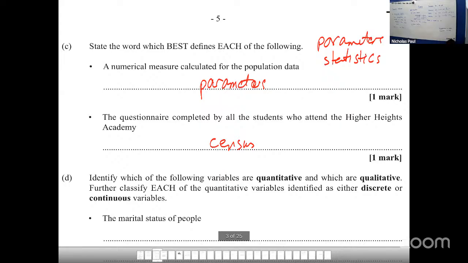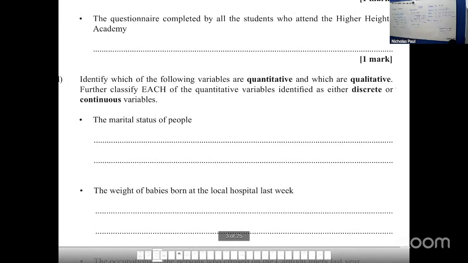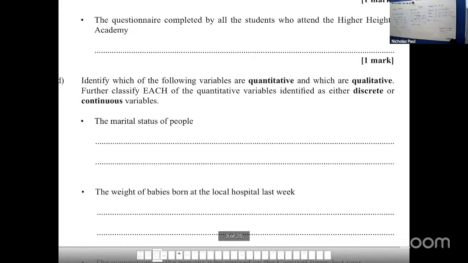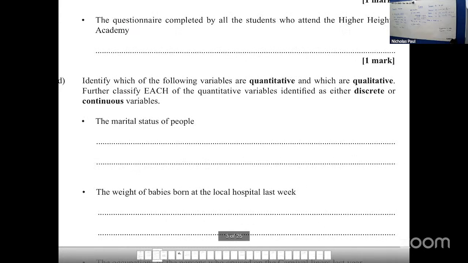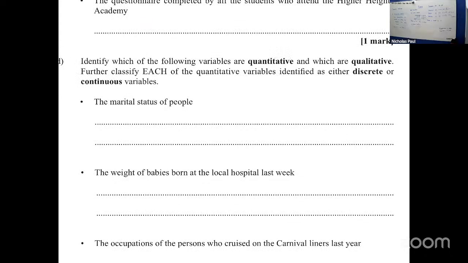You're almost done. Are you okay with that? Identify which of the following variables are quantitative, qualitative. Further classify each of the quantitative as discrete or continuous. Marital status is qualitative, right?